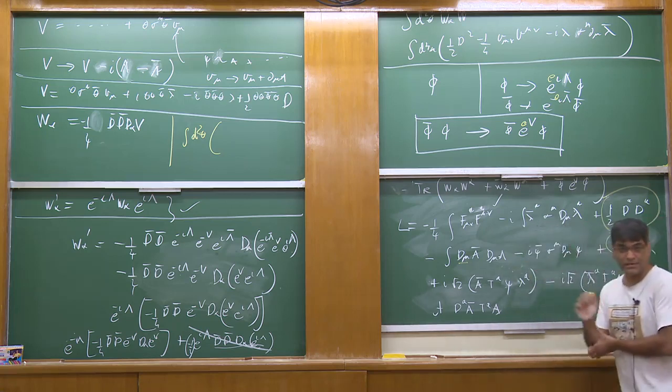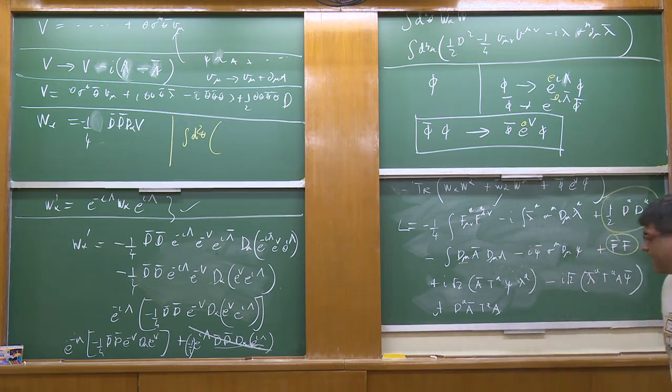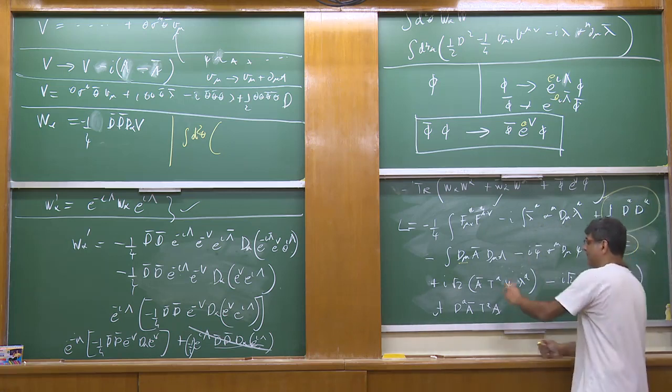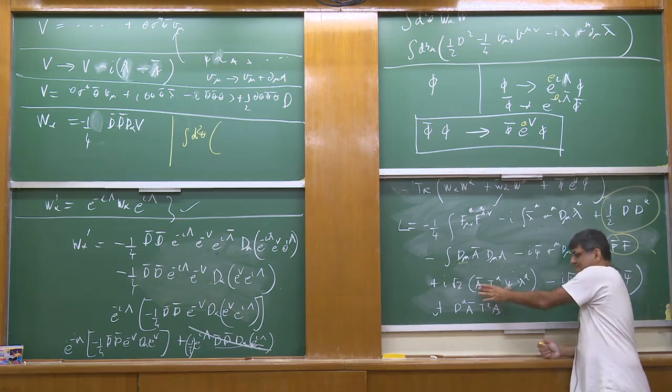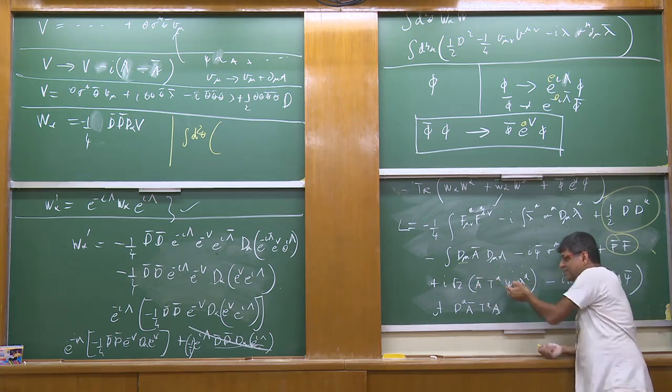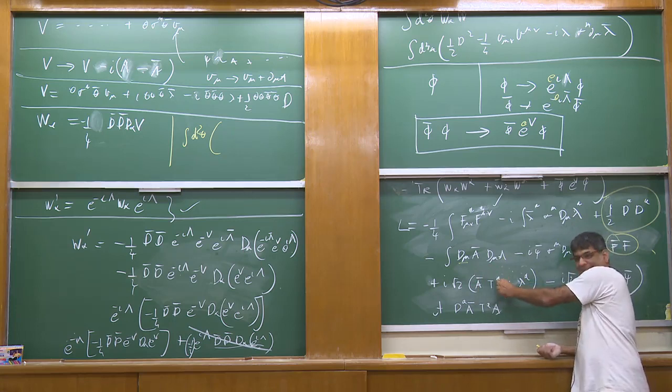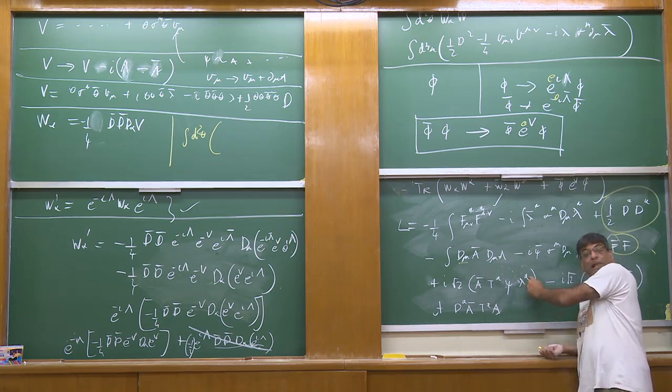Now, let's look a little bit at the Yukawa terms. The Yukawa terms here have A-bar T^A ψ. This quantity is an adjoint object. This T^A acts on the space of the scalars, and then the adjoint index contracts with the adjoint index of lambda.